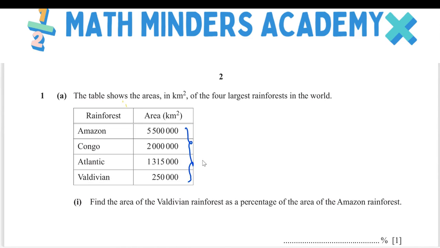So here we'll have, for the Valdivian rainforest, 250,000 over the Amazon rainforest, which is 5,500,000.